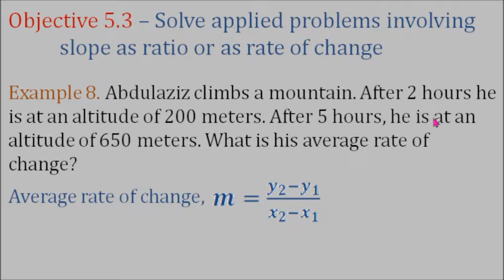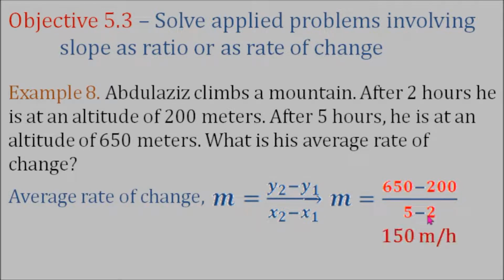Substituting these numbers into our formula, we have 650 minus 200 over 5 minus 2. 650 minus 200 is 450, and then 5 minus 2 is 3, so 450 divided by 3 is 150. So therefore, the average rate of change is 150 meters per hour.